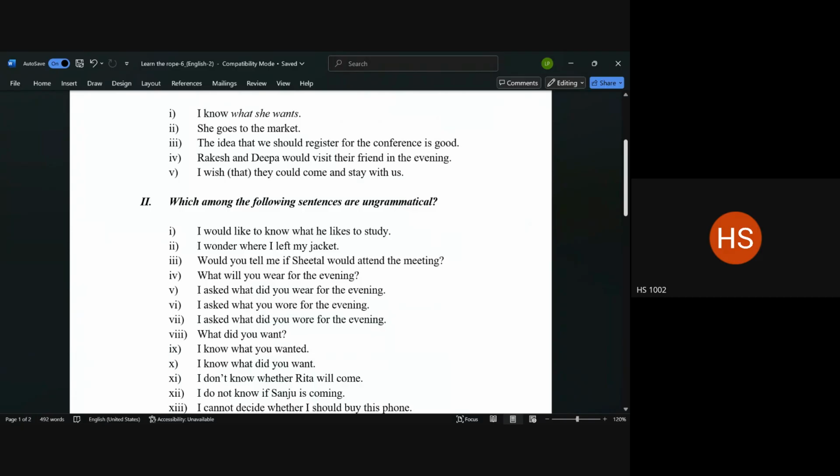Which among the following sentences are ungrammatical? In this exercise we are going to look at question clauses, if and whether clauses, and that clauses. Essentially, we are trying to learn their construction and the grammatically right way of doing it.